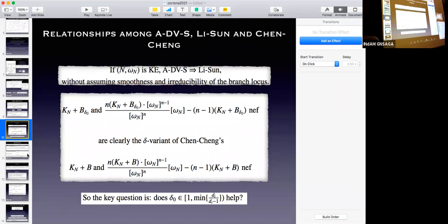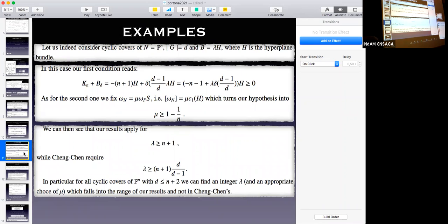But let me show you in practice what all this means. Let's play the simplest possible game. What is the simplest constant scalar curvature manifold that you can think of? Of course, compact, that's the projective space. And let's take the simplest possible covers, the cyclic covers.